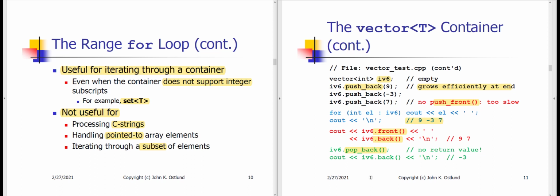Oddly, although this makes sense in consistency with the other containers in the C++ standard library, pop_back does not return any value. All it does is eliminate the value from the end of the vector. So if you want to find out what the value at the back is and then get rid of it, you first have to use the .back member to return the value, and then the pop_back member to eliminate that value. Having eliminated the 7, the back of the modified vector is now minus 3.